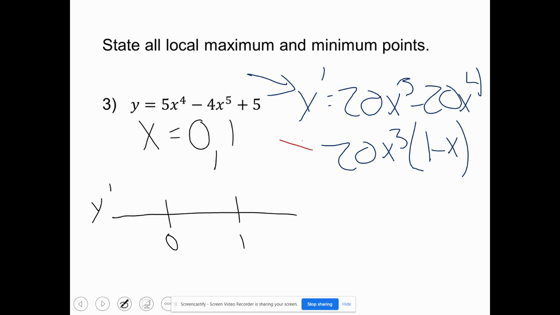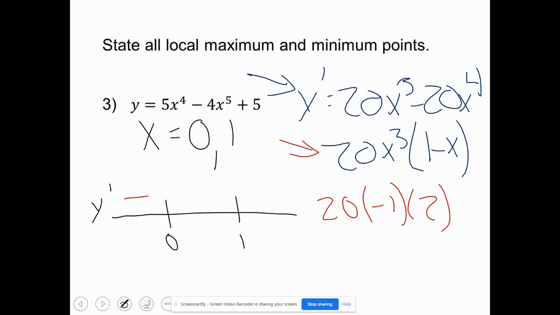I'm going to go down to my factored form here, and I'm going to plug in x equals -1. 20 times -1 cubed is -1, and 1 minus -1 is 2. If I take a positive times a negative times a positive, I'm going to get a negative back. The fact that it's -40, I don't need the 40 part. I just need to know that I have negative slopes there.